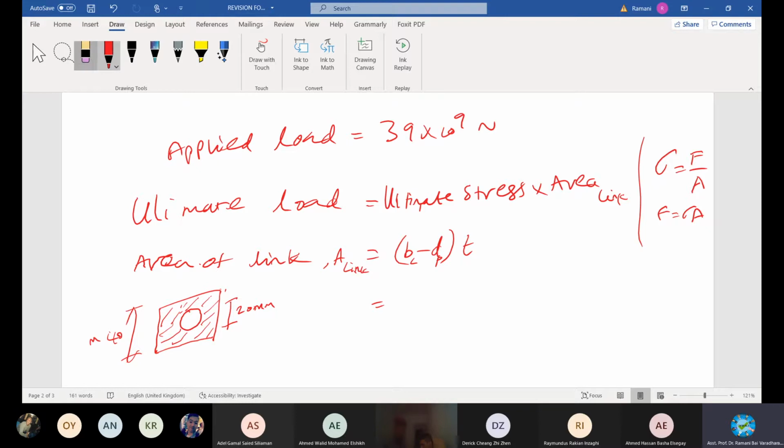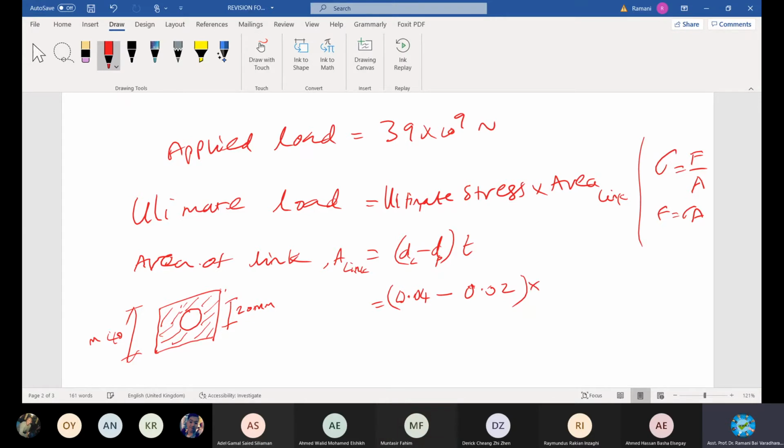I put it as D itself, easy for you. Depth of the link minus depth of the pin. Depth of the link is 40, which is 0.04 in meters. Depth of the pin is 20, also 0.02. Clear? We have done this part.